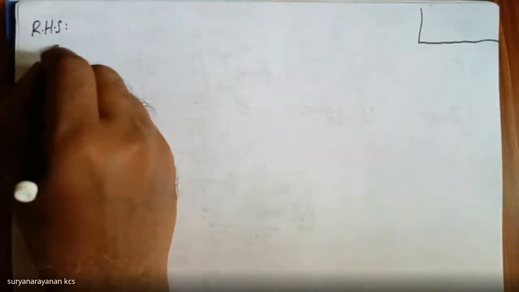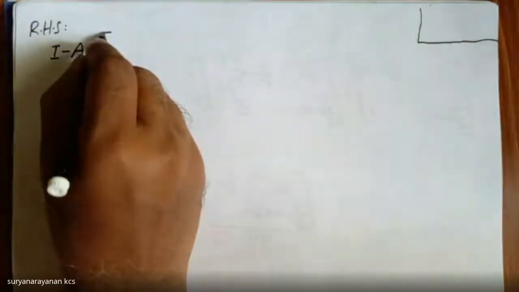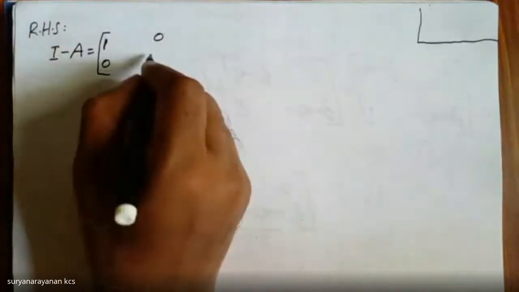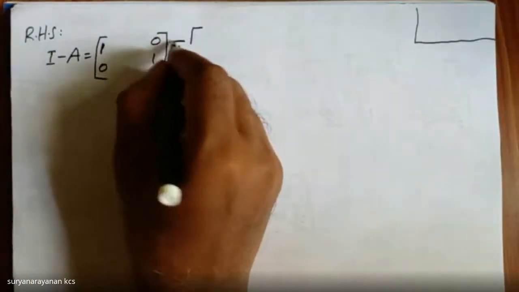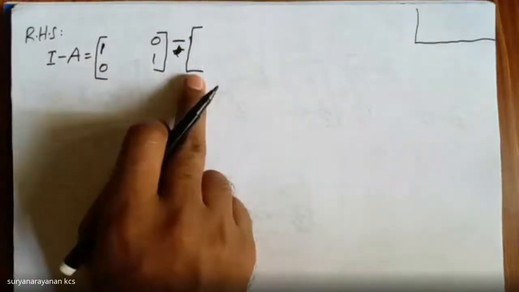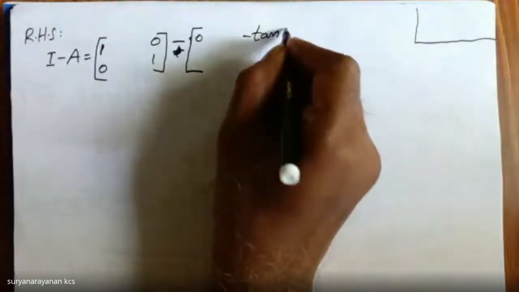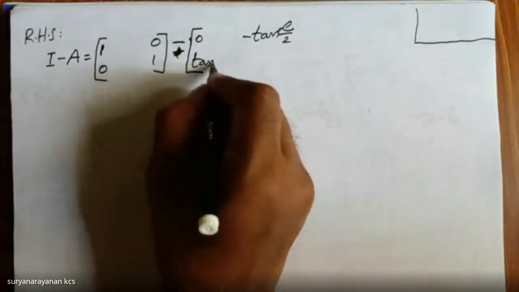I minus A. Yes, I minus A. First of all, let us find this value separately. I means 1 0 0 1, minus A, so minus 0, minus tan alpha by 2, tan alpha by 2, 0.